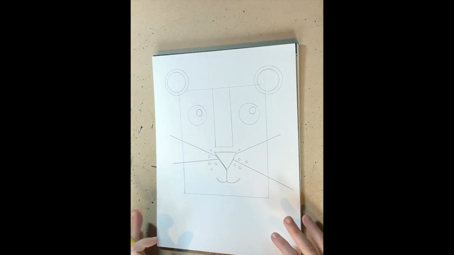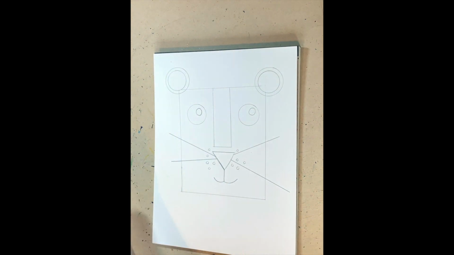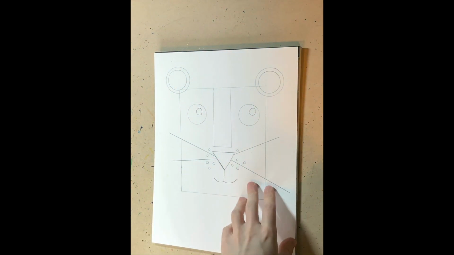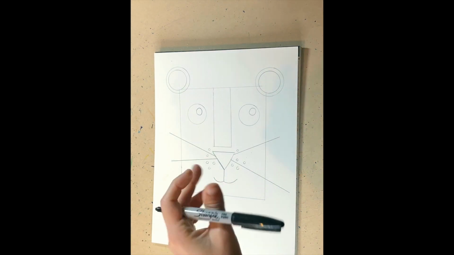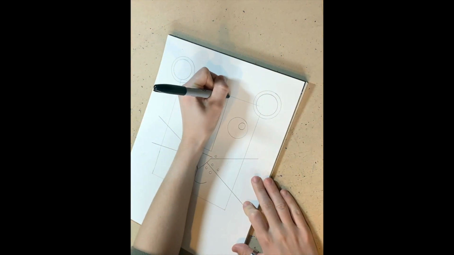What I'm going to do now is I'm going to outline. Outline means trace. Trace the lion using a black marker. If you don't have black, you can use gray and purple or blue or brown.